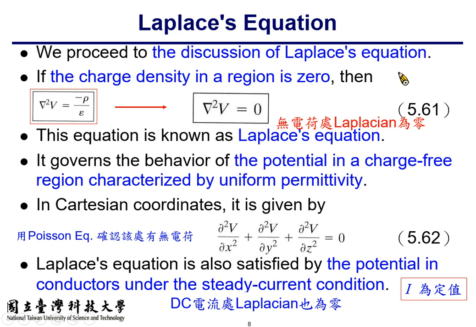So we can use the Poisson equation to examine whether there is a charge at your point of interest. Just perform the Laplacian operation on it, or the second-order derivative in the x, y, and z directions. And the Laplace equation is also satisfied by the potential in a conductor under the steady state condition.